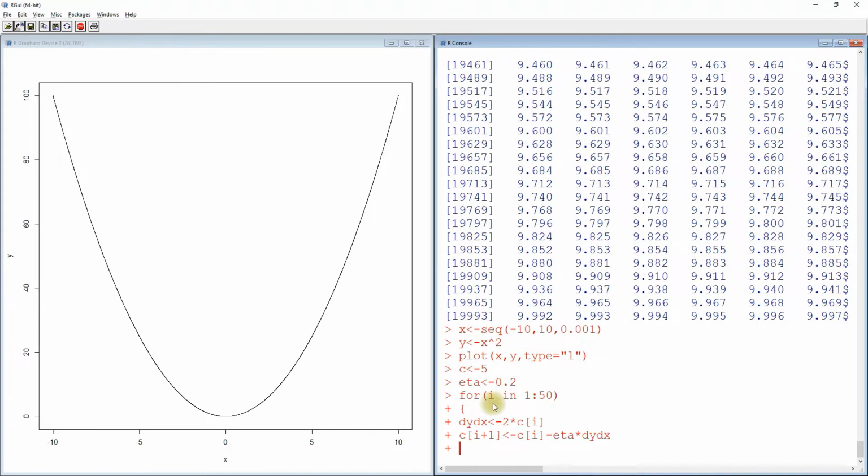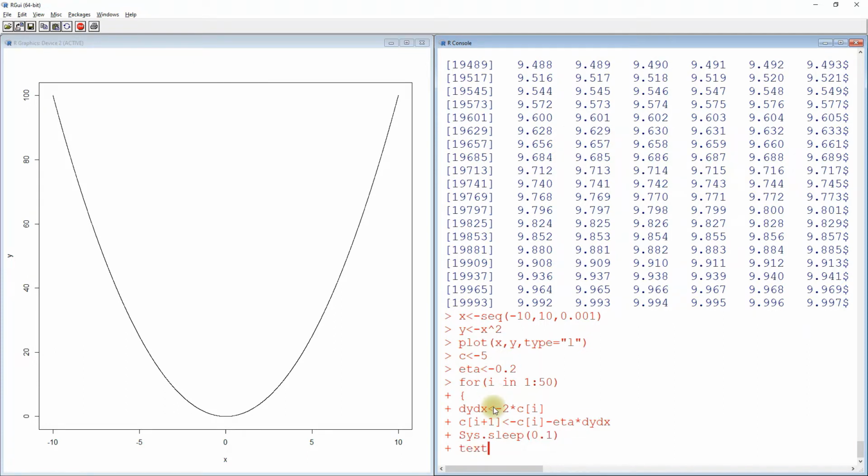X, yes, and then we have the system sleep. Put it as 1 second. Oh, no, it got 50. Let's put it as 0.1 second, and then we have the text that will be representing the c squared.